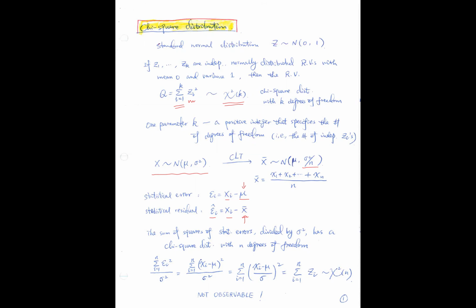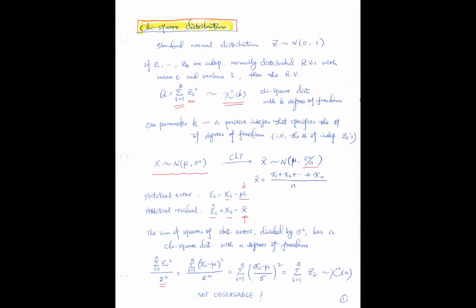That's why we put a hat over there. The sum of the squares of the statistic errors divided by sigma square has a chi-square distribution with n degrees of freedom. So suppose in this sample, we have n observations, and then as you can see, the sum of the squares of n statistic errors divided by sigma square.